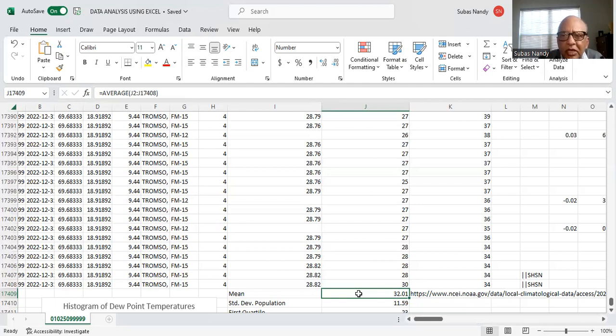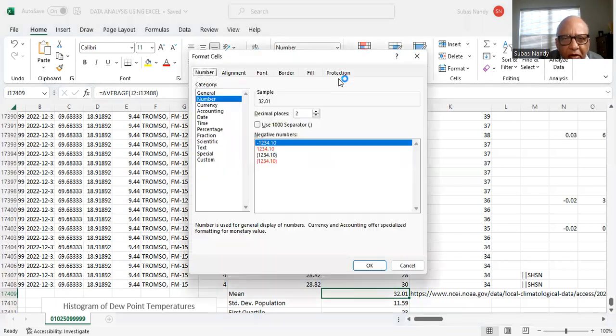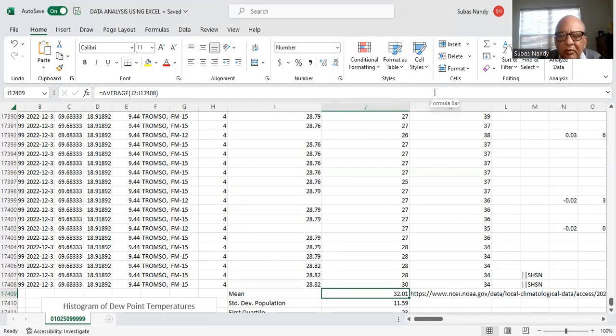Now you will get the mean in say 7 or 8 decimal places. You don't want so many decimal places, so what you do is you go to number. You click on number, and then you select 2 decimal places, which I have done. It rounded my mean temperature to 32.01.